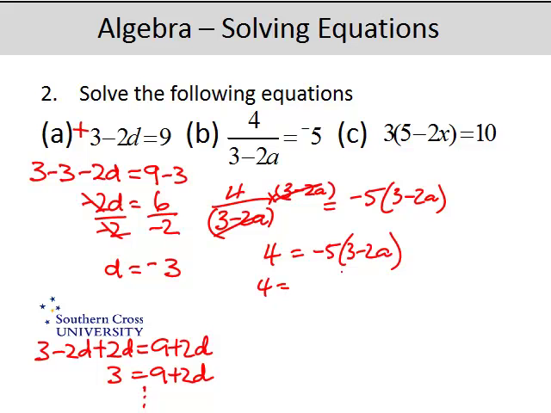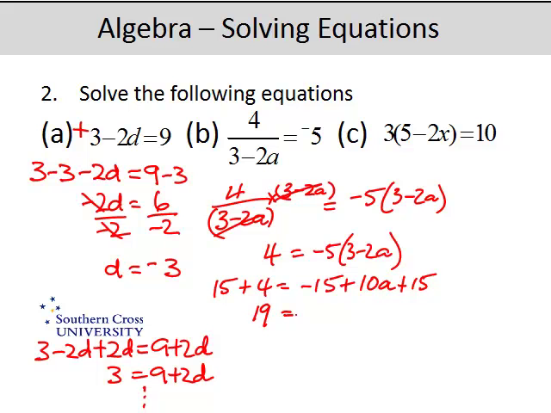So 4 is equal to, I'm going to expand these brackets out, minus 15, minus times minus is plus 10a. So a's been times by 10, and then the 15 was taken away. So what we're going to do is add 15 to both sides. I'm running out of space, so I'm leaving out a line of working here.